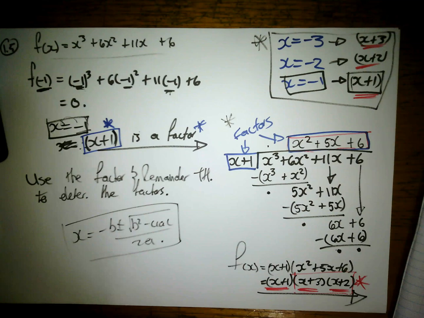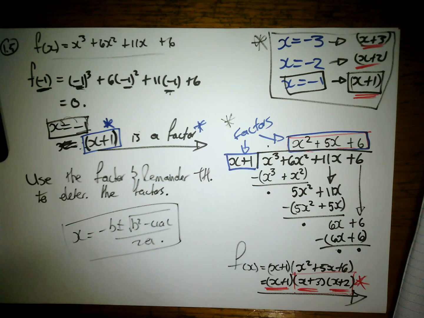If they say by completing the square, then you complete the square using that method. If they say use the factor theorem, you use the factor theorem only. Of course, in mathematics you have many other methods, but just do what they ask.